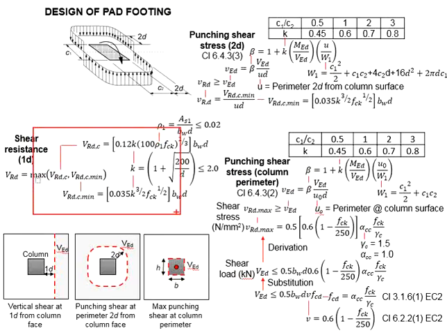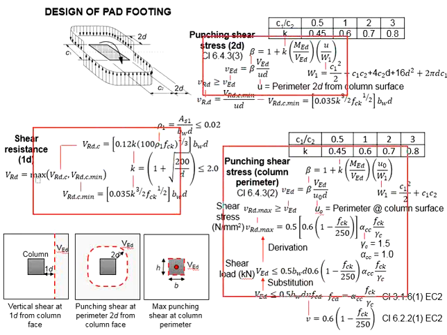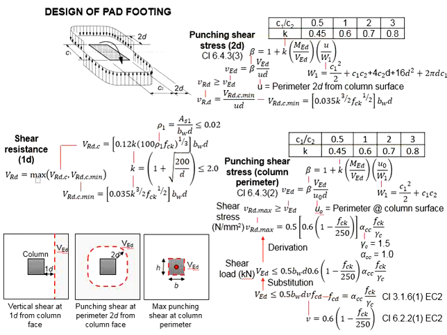Now that we have covered all three shear resistances, although they are all shear, individually they represent different situations. We have the shear resistance at the shear plane located at 1d from the column face. We have also the punching shear resistance at the shear plane located at the perimeter of 2d from the column face.